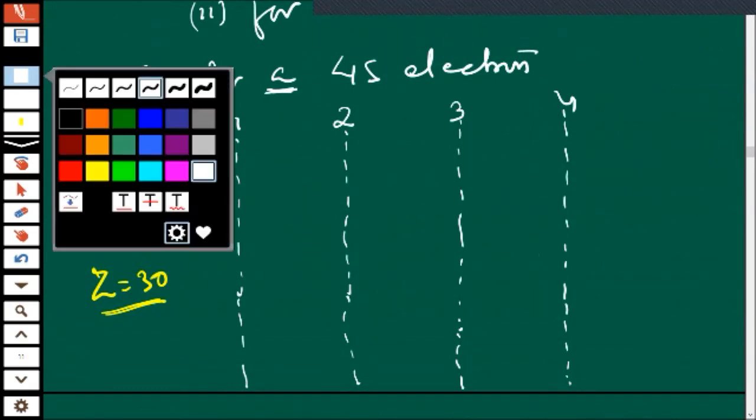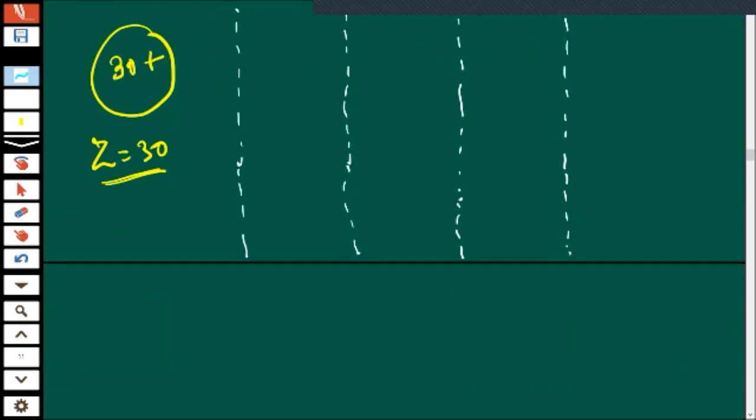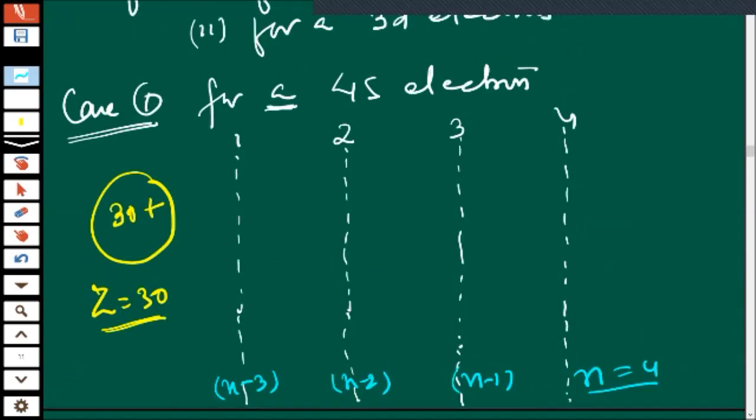Or if you want to maintain a standard, you can write like this also. This is n orbit. This is n minus 1 orbit. This is n minus 2 orbit. This is n minus 3 orbit. And if you know n equal to 4, this will become 3, this will become 2, this will become 1. What we have written, so this is normal language.